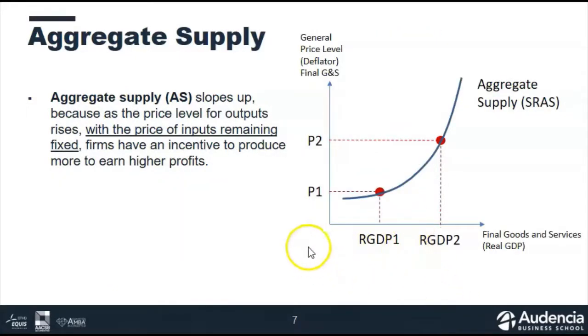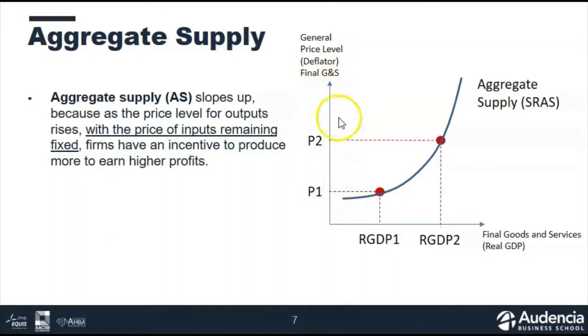So aggregate supply shows us this relationship between price level on one side and real GDP. Remember, real GDP is basically production of final goods and services in an economy. As prices go up, holding production costs constant, we're saying prices go up for final goods and services, not intermediate goods and services, because that would be the cost of production.